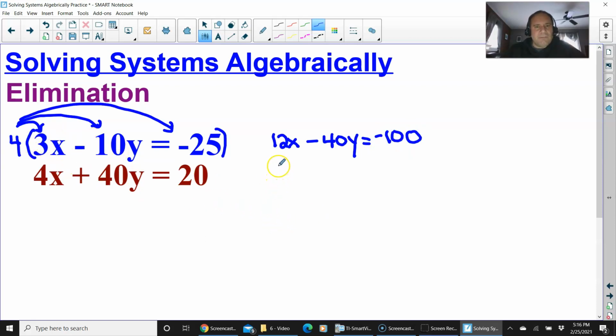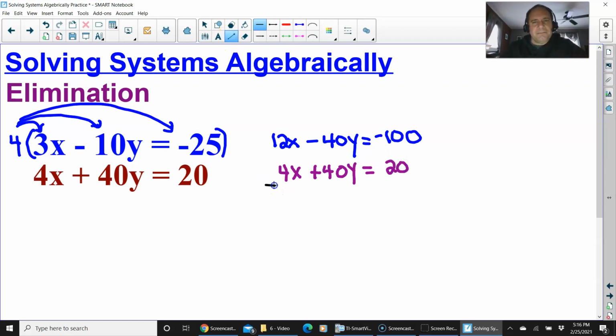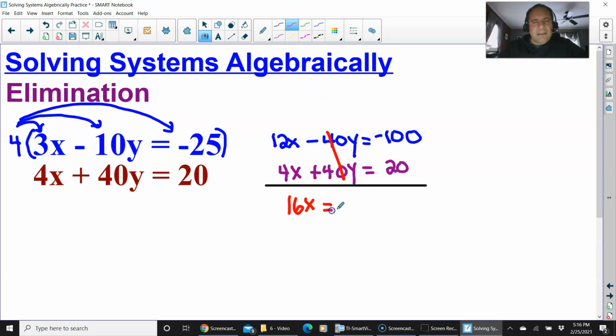But now I'm going to rewrite the equation on the bottom, 4x plus 40y. Notice that the y's are going to cancel now, and then this is 20. So here we go. This cancels. This is 16x, and this is negative 80.